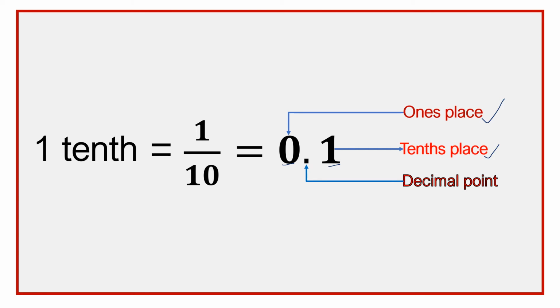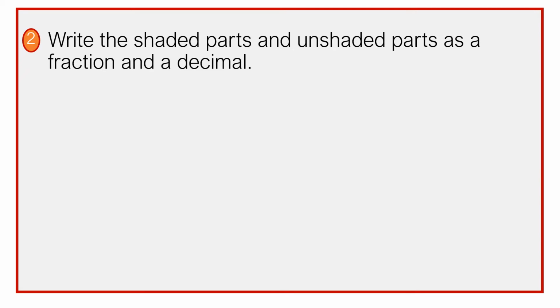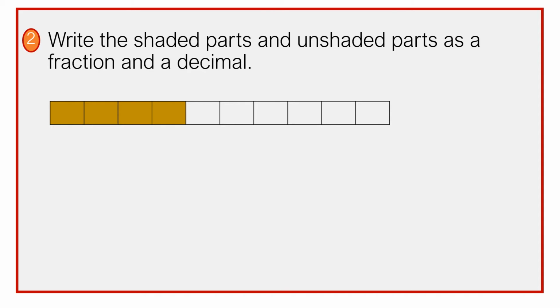Then this dot is called the decimal point. Decimal point. Now, write the shaded parts and unshaded parts as a fraction and a decimal.